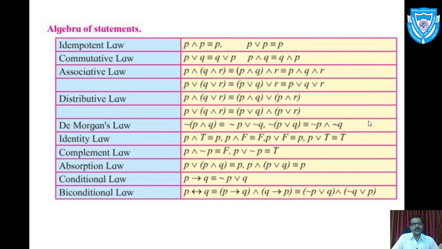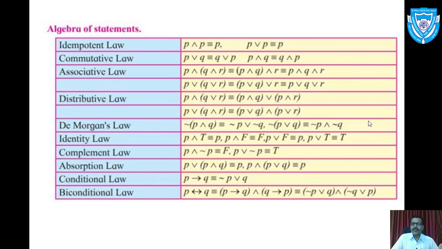Now the commutative law. What is the meaning of commute? Commute means interchange. So the commutative law says P or Q is equivalent to Q or P, meaning that in the disjunction, the places of simple statements P and Q can be interchanged.